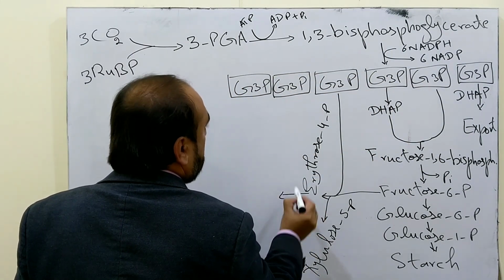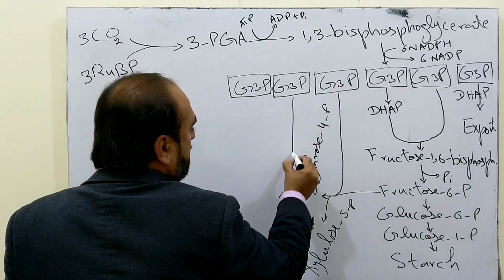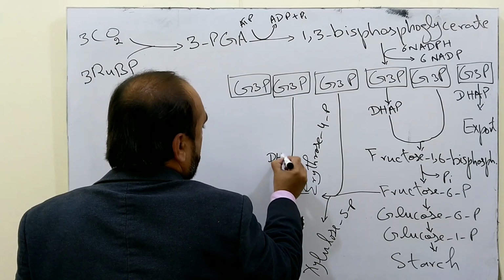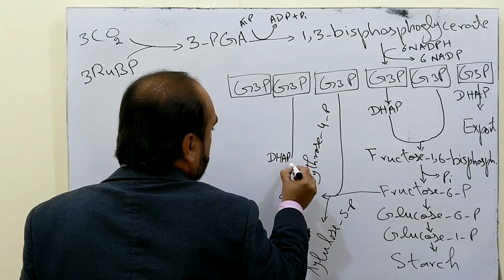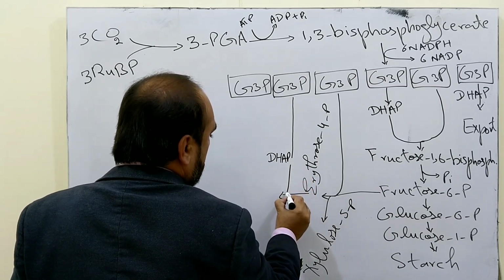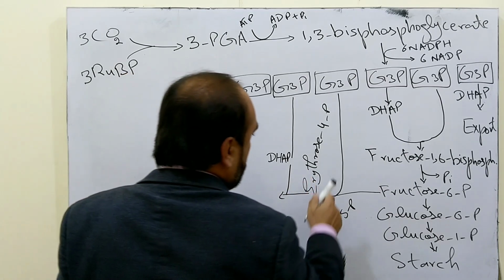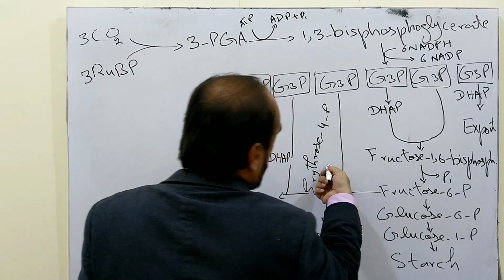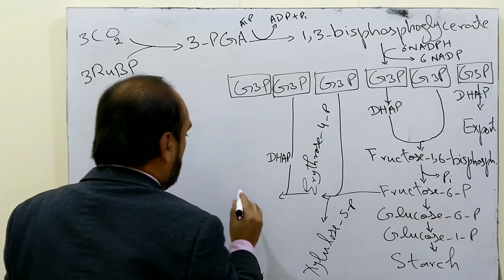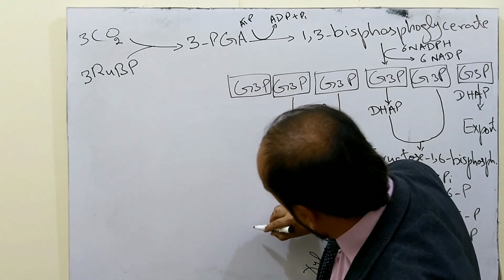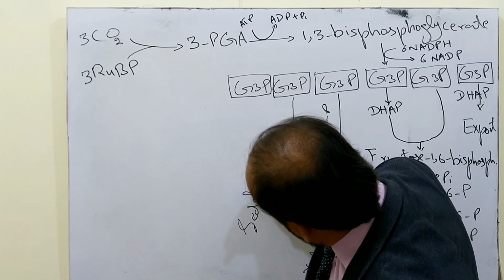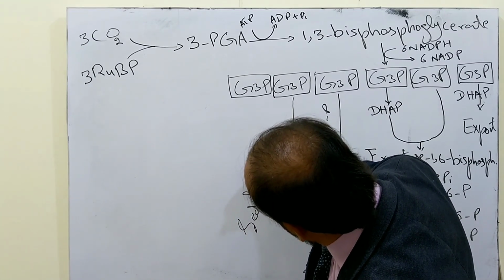This erythrose 4-phosphate combines with another G3P that is converted to DHAP, and now this 4-carbon erythrose phosphate combined with 3-carbon G3P to form a 7-carbon compound called sedoheptulose 1,7-bisphosphate.